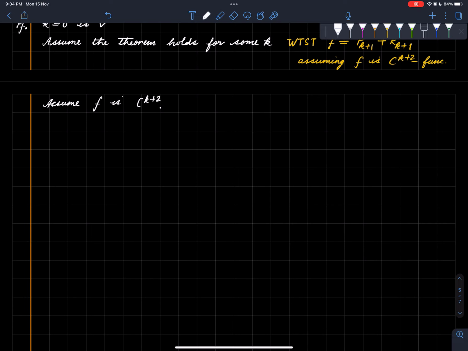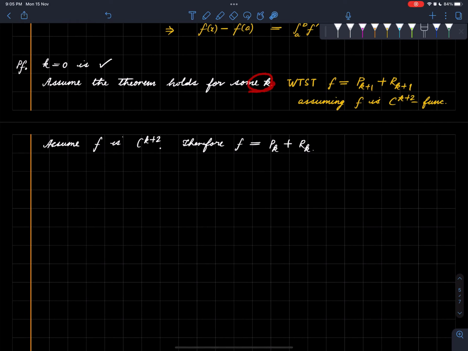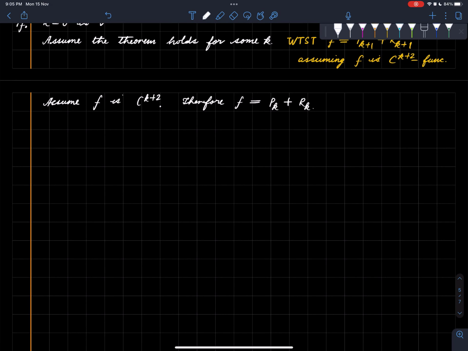And since C^{k+2} is clearly C^{k+1} also, therefore f is p_k plus r_k by the induction hypothesis, because we have assumed the theorem holds for k, and hence whenever we pick a C^{k+1} function. We have picked a C^{k+2} function, but a C^{k+2} function is a C^{k+1} function also. Therefore, we can write it this way. And now we will deal with this I_k of x guy.